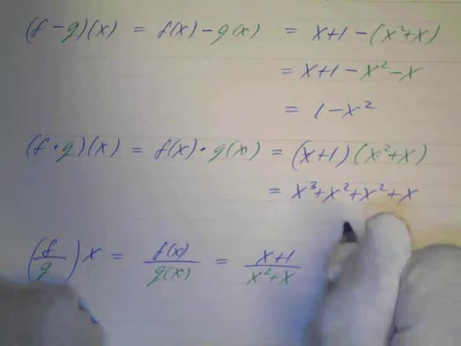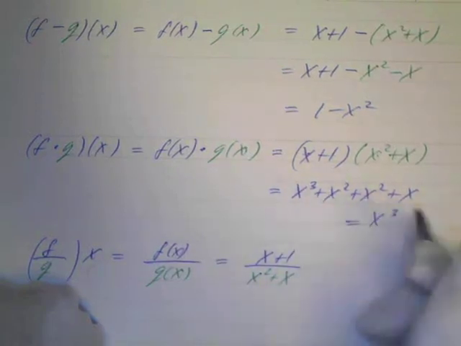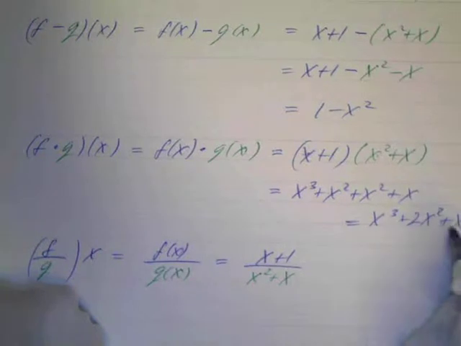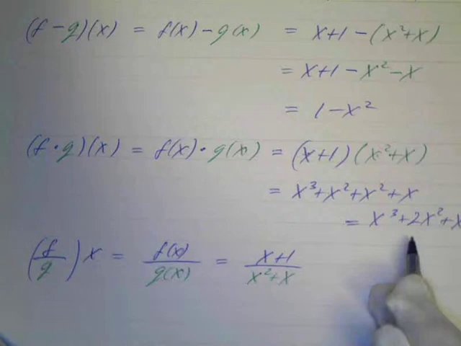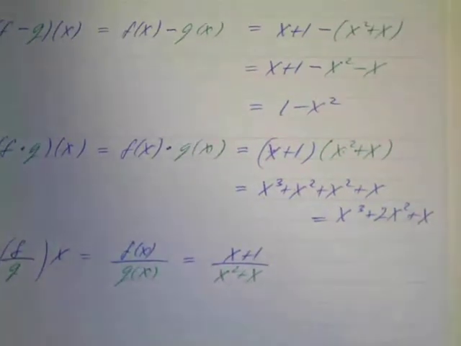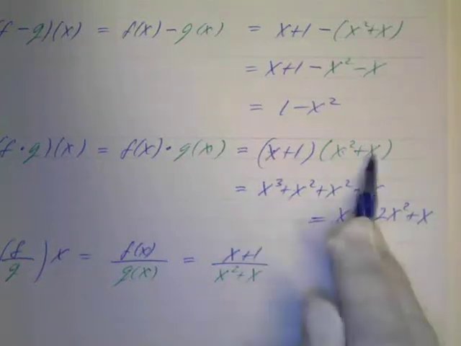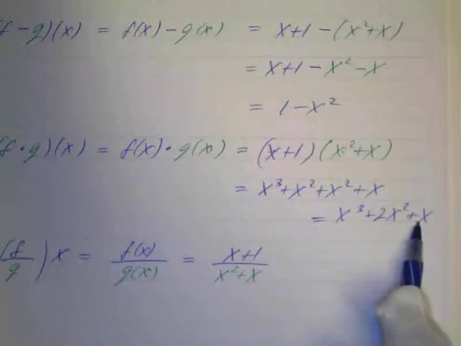And we could simplify that to be x cubed plus 2x squared plus x. And that would be f times g of x. So we can just multiply them: x cubed, x squared, x squared, x. X squared plus x squared is 2x squared. So this is your f times g of x.